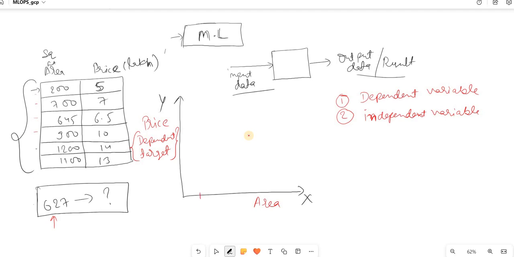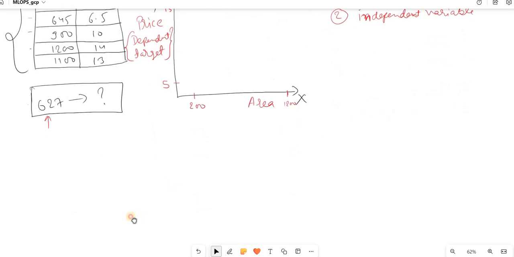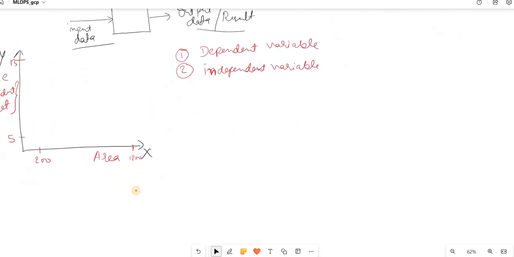Some values. Let's suppose here this is 200 and here I'm just giving 1200. And the prices are from 5 lakh to 13 lakh. Let me draw it separately somewhere, a little bit bigger.